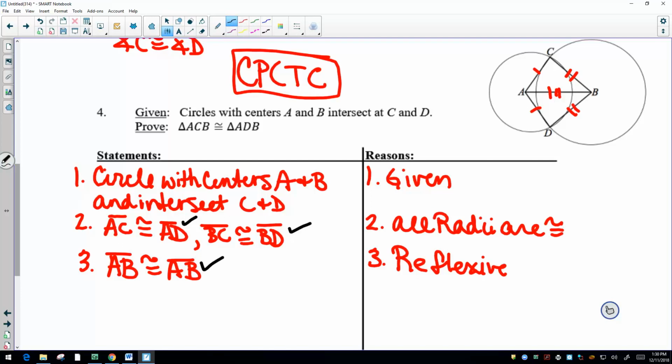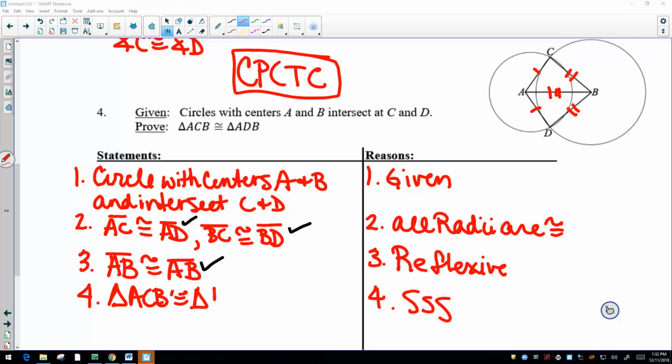So that means, okay, now I'm going to go and check and see, does it fit? And it does. This fits into our side, side, side method of proving triangles congruent. So triangle ACB congruent to triangle ADB.